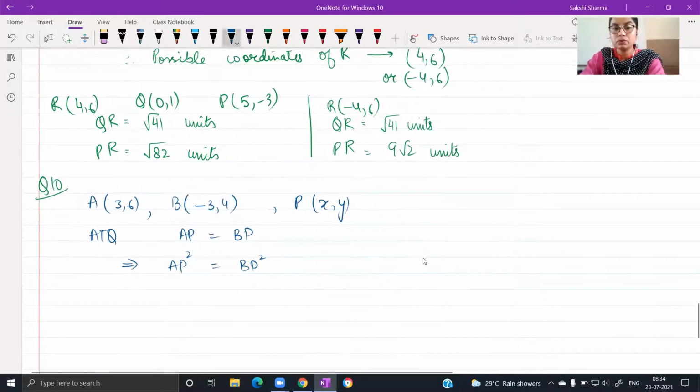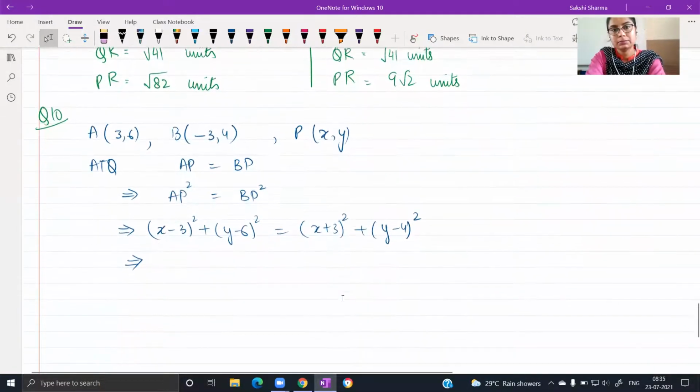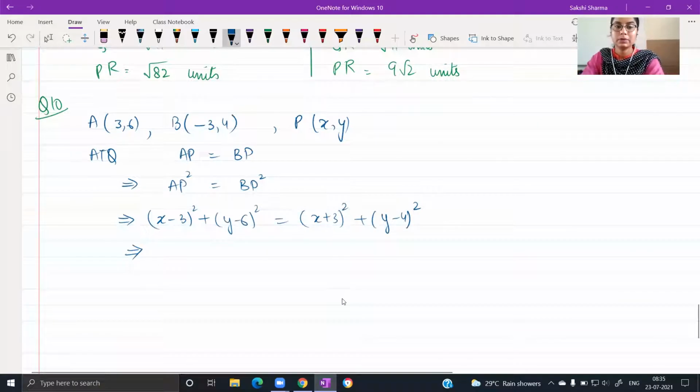Squaring to get rid of the roots. Now simplify. AP square, then BP square. Simplify.